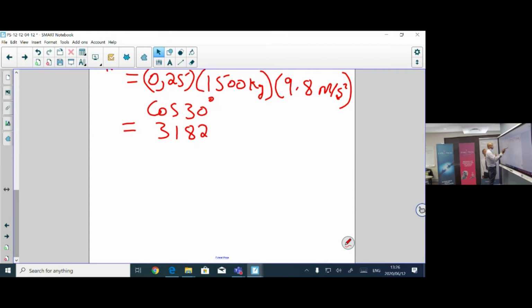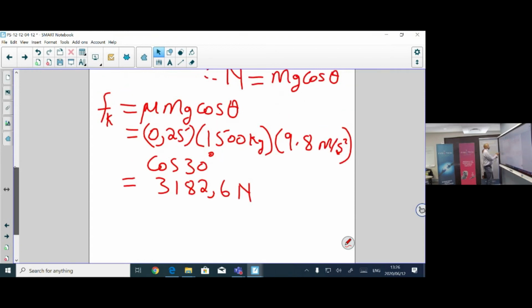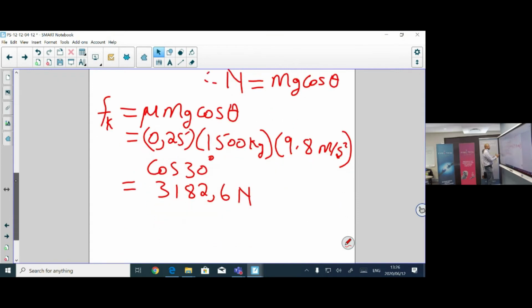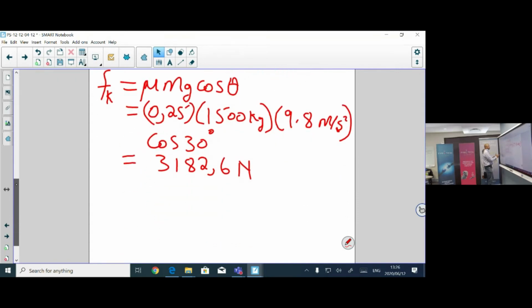3,182.6 Newtons. Remember, we were looking for kinetic friction, which is 3,182.6 Newtons.